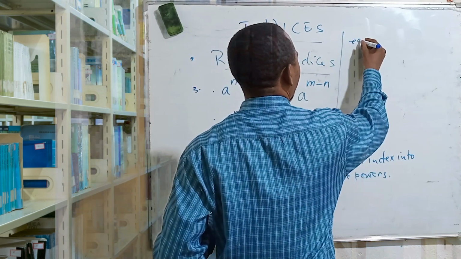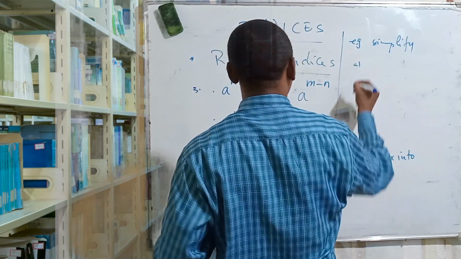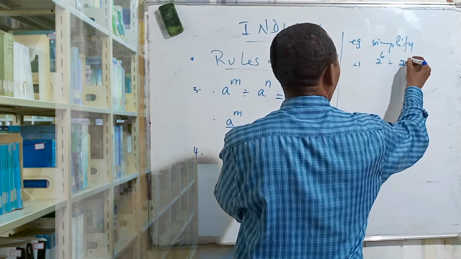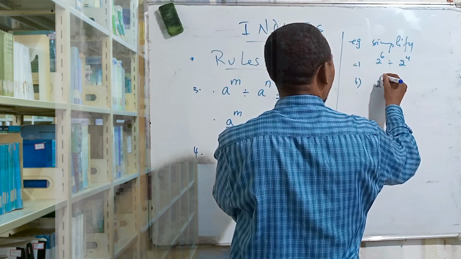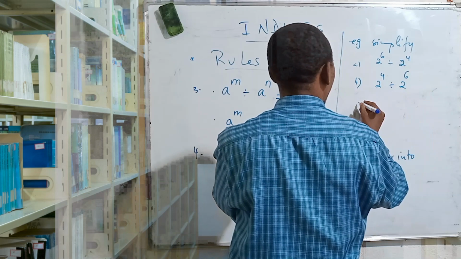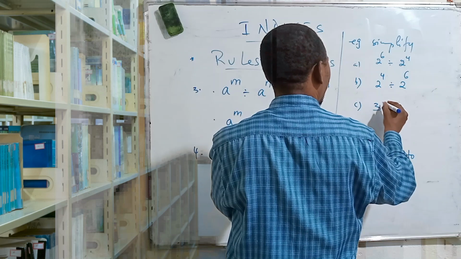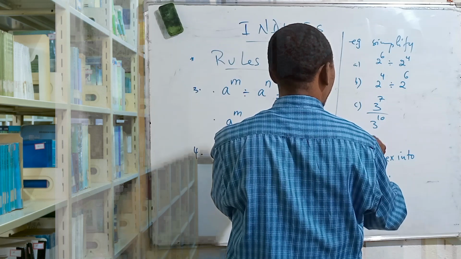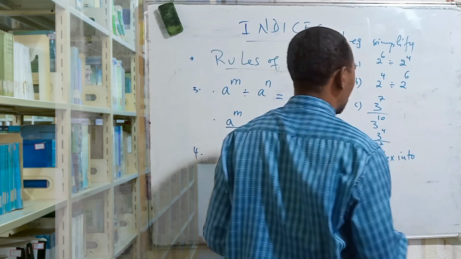We can now combine these two properties in one example. Let's have an example. Simplify: 2 power 6 over 2 power 4, 2 power 4 over 2 power 6, 3 power 7 over 3 power 10, 3 power 4 over 3 power 2.